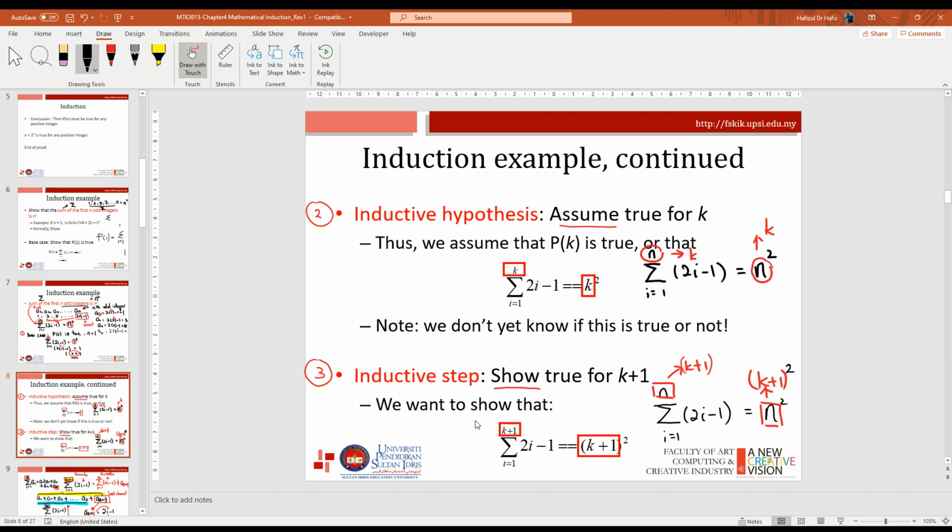So we want to show the sum for k plus 1, whereby we start from i equal to 1, and this is the term. We replace n power of 2 by k plus 1.